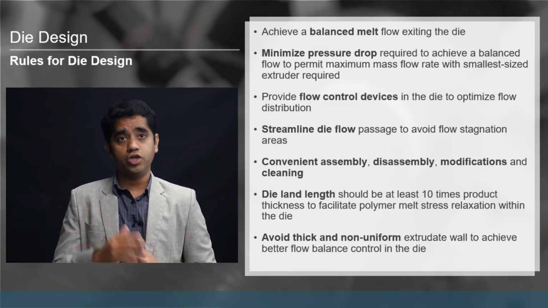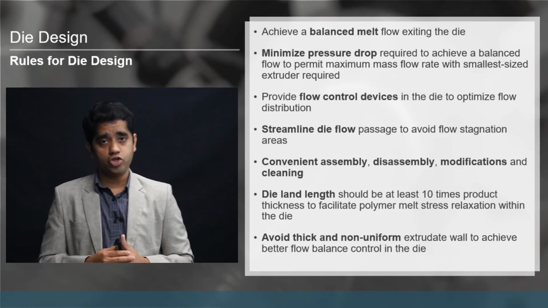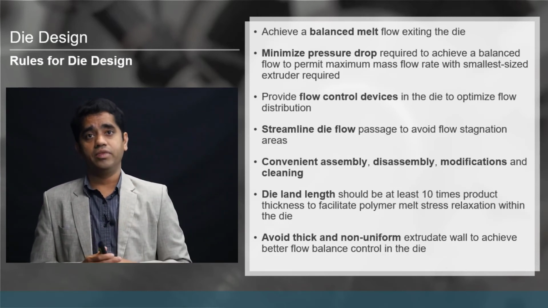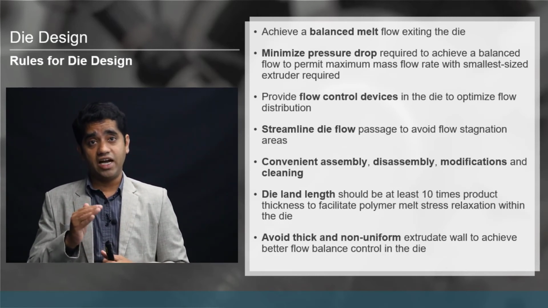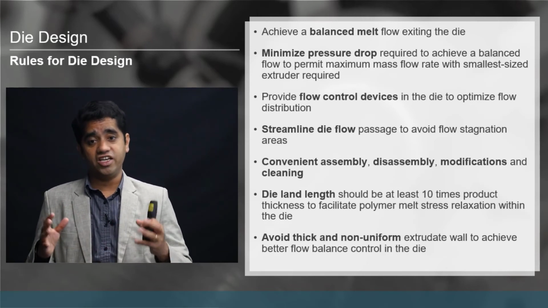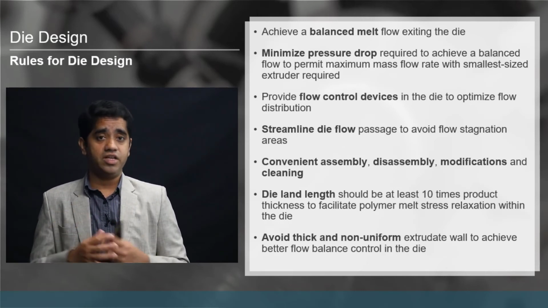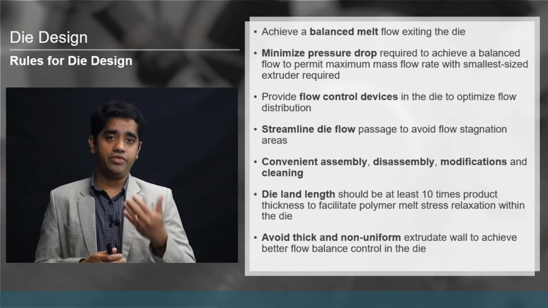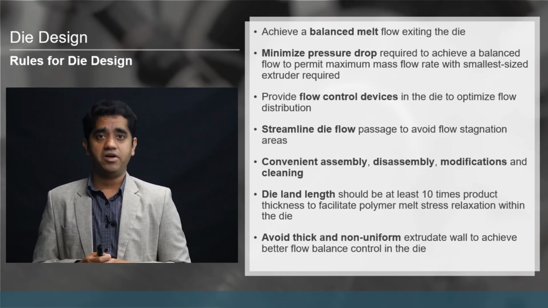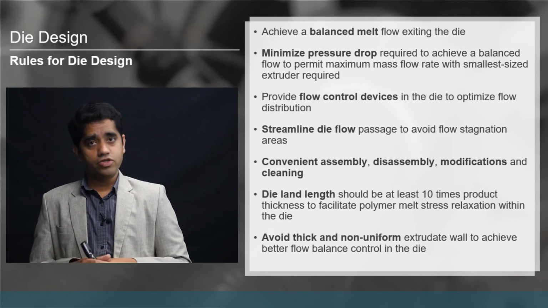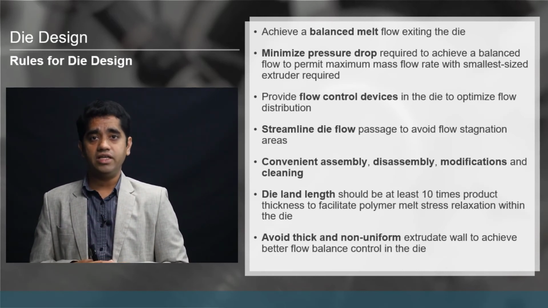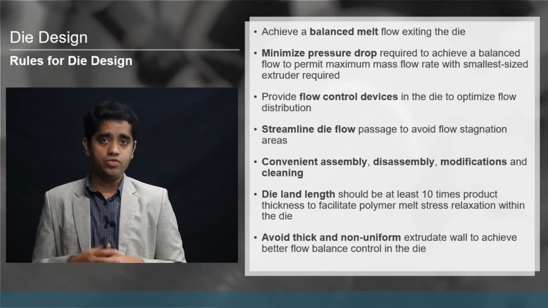Provide flow control devices in the die to optimize the flow distribution, so you can monitor and control them. Streamline the die flow passage to avoid flow stagnation areas. That is very important, especially when you are compounding highly viscous materials, or even fiber reinforced composites. Of course, the die assembly has to be easy and convenient for the user.